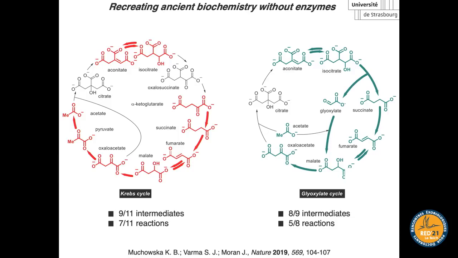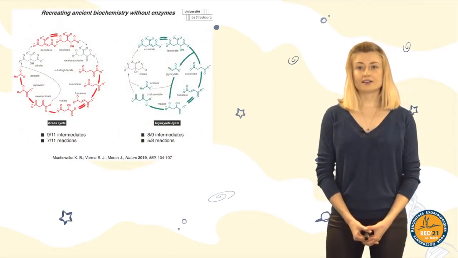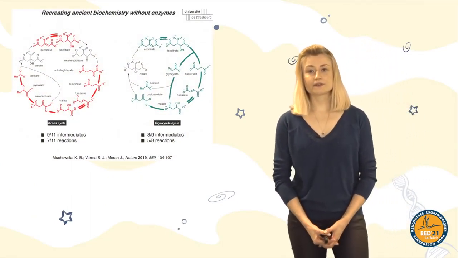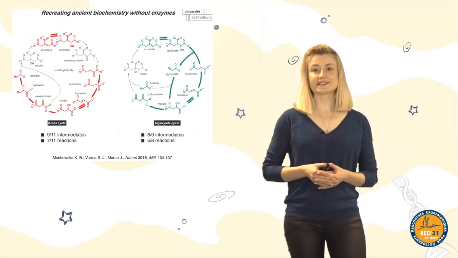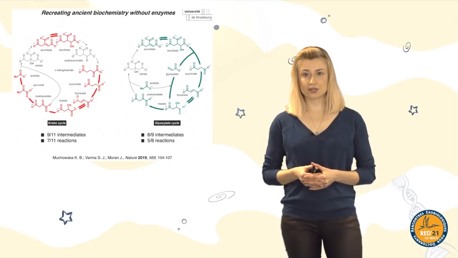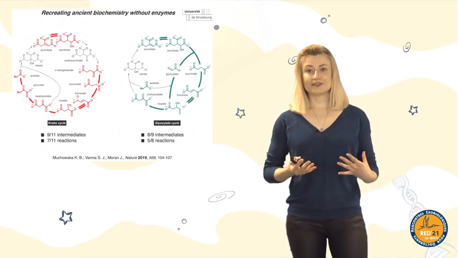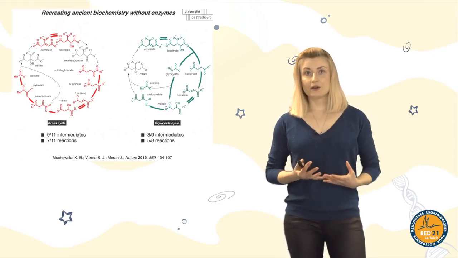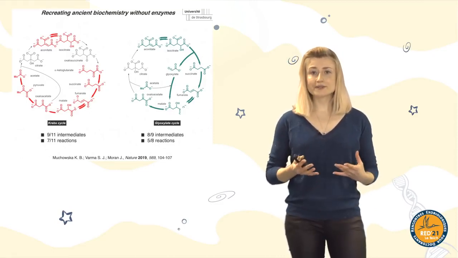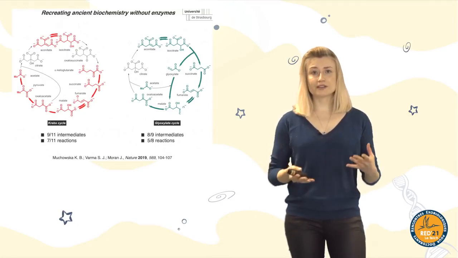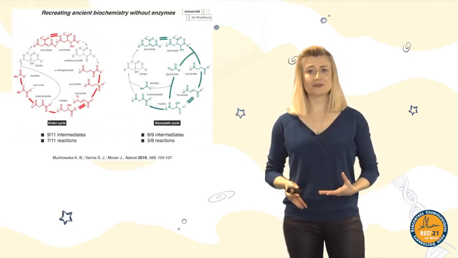The fat arrows highlight the reactions that are present in our network, and what we see is that in the case of the red cycle, 9 out of 11 intermediates of the biological Krebs cycle are contained within our non-enzymatic network, and 7 out of 11 reactions, and also 8 out of 11 intermediates of the glyoxylate cycle, and 5 out of 8 reactions. So we are really starting to recreate biochemistry without enzymes that closely follows the transformations and the intermediates of the actual biochemistry that we see today.